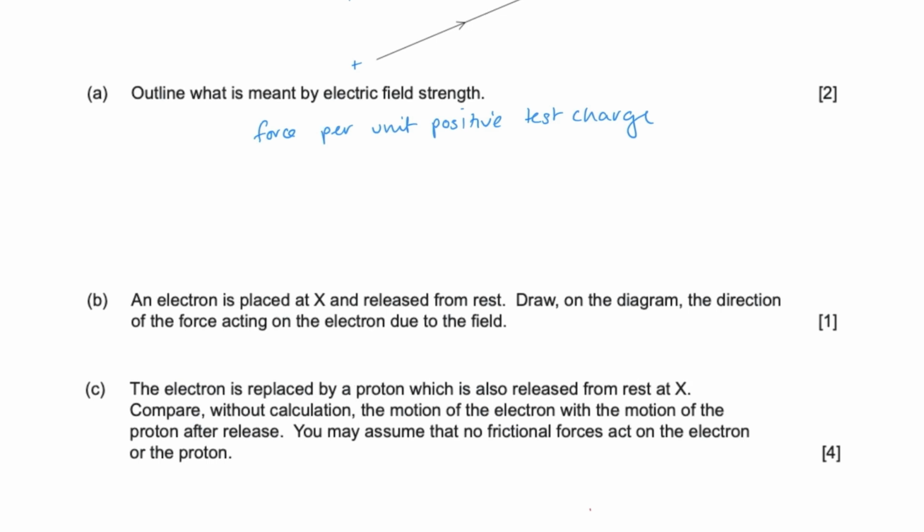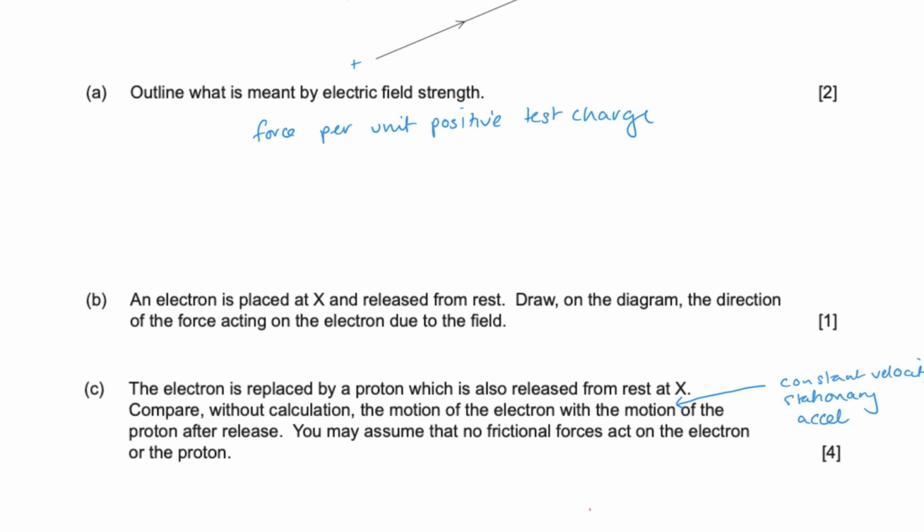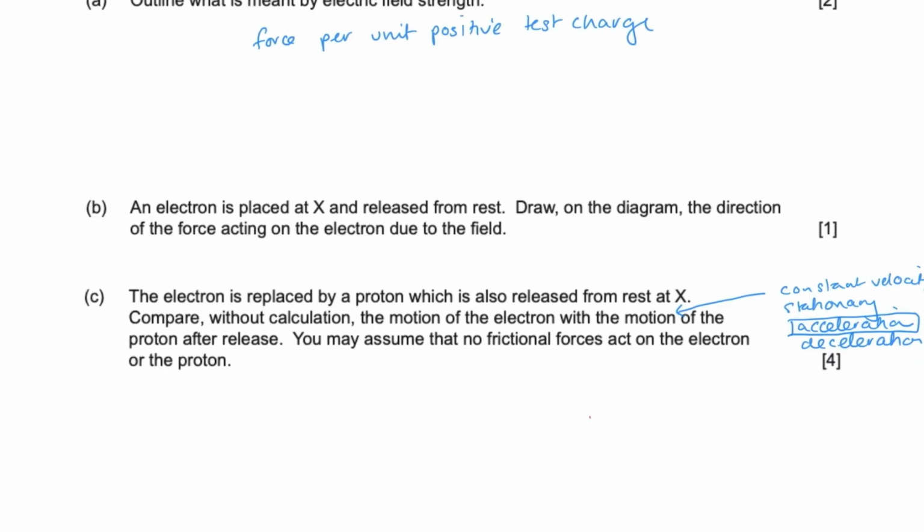The first thing I'm going to say is when you're asked to describe the motion, you want to use one of four terms: constant velocity, stationary, acceleration, or deceleration. In this case, we're obviously going to look at acceleration. It's not going to stay constant because it's experiencing a force. The other thing that stands out is the idea of comparing the electron and the proton.